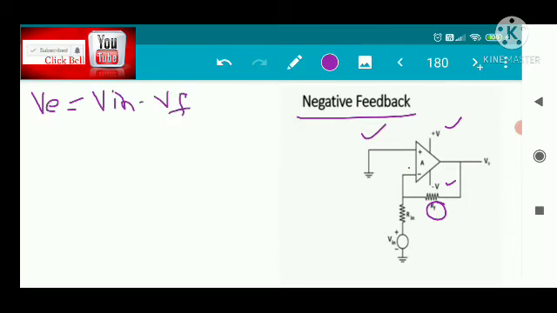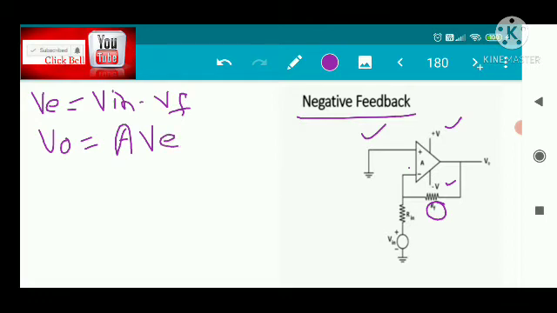In negative feedback, the feedback signal should be subtracted from the input signal, so that is your error signal. The error signal V reduces due to VF. The output voltage V0 is equal to A times V, the error voltage.